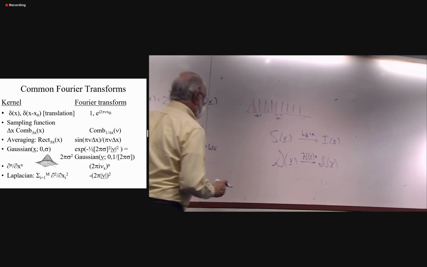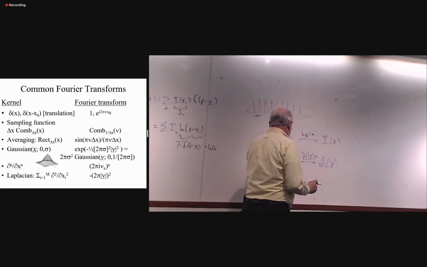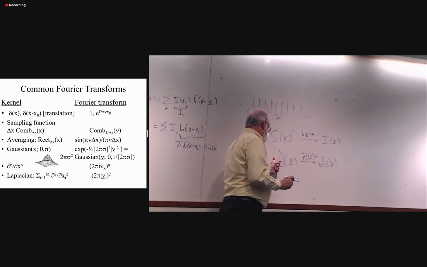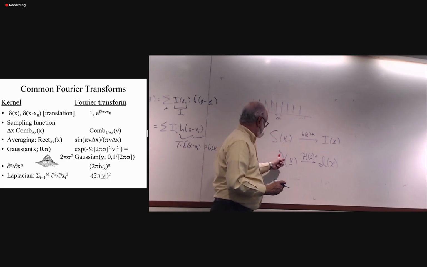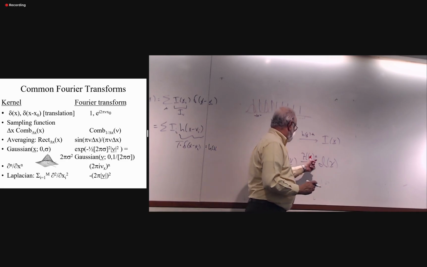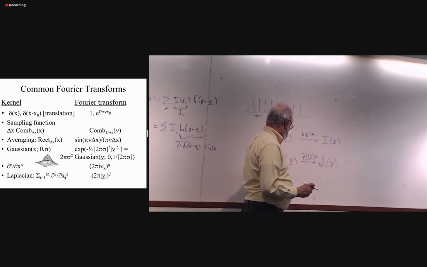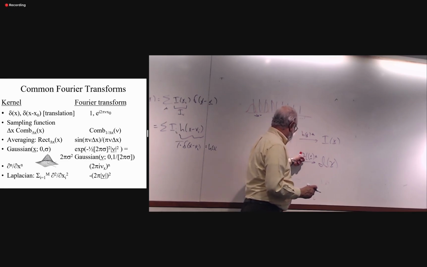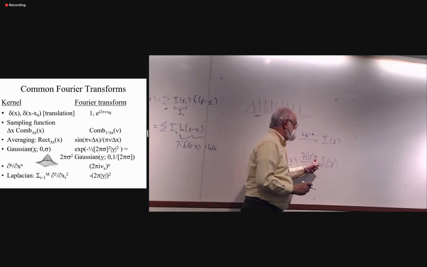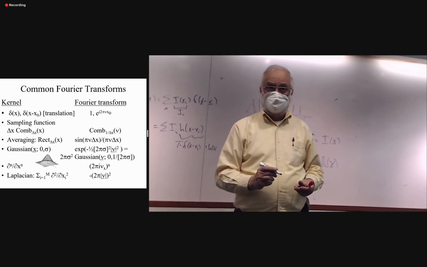Okay, so any time we have an input and we want to apply convolution with the kernel, we also say that's equivalent to taking the Fourier transform of the input, multiplying it by the Fourier transform of the kernel, which is the transfer function. And so we want to know what the transfer functions are.